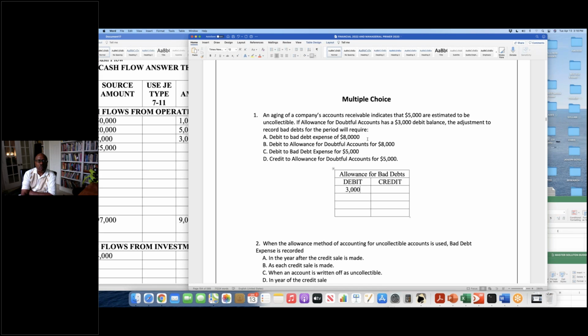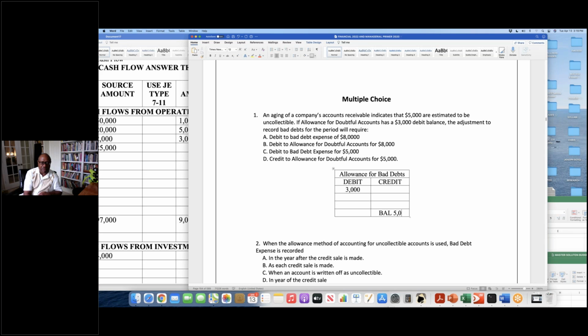And it says it indicates that 5,000 is estimated to be uncollectible. And so if the allowance account has this 3,000 debit balance, and you've got to now get it to 5,000, you've got to come up with a balance of 5,000.